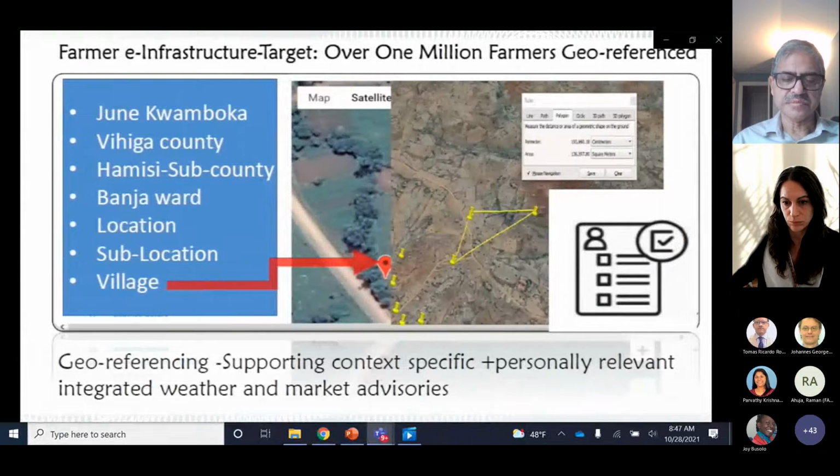Then the second one is the Kenya Agriculture Market Information System, which collects market information from all key markets in the country and synthesizes this information into market advisories, which can be availed to farmers at the grassroots. The third area on the big data platform is the registry of the 1.1 million farmers hosted at KALRO under the big data platform.